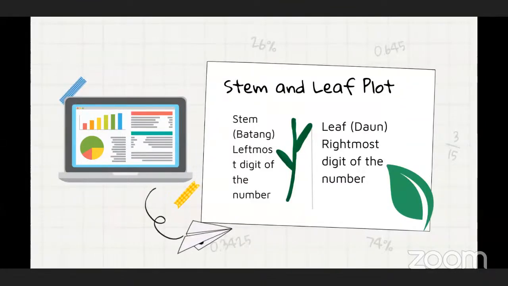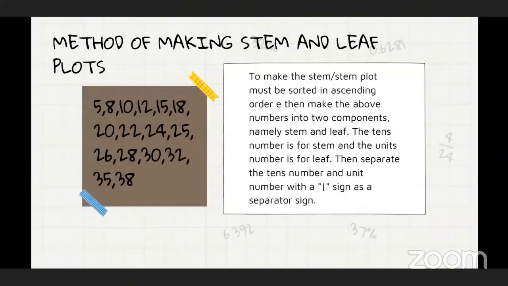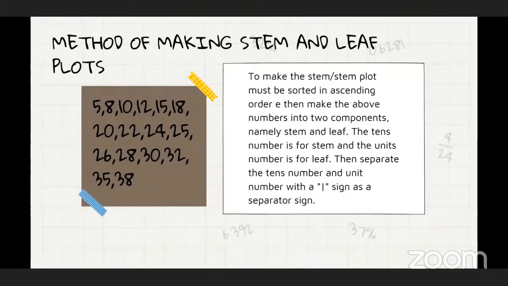And next, I'm talking about the stem and leaf plot. The stem is the leftmost digit of the number, and the leaf is the rightmost digit of the number. For the method of making stem and leaf plots, I'm still going to use my business data for the necklace sales for the 12 months.